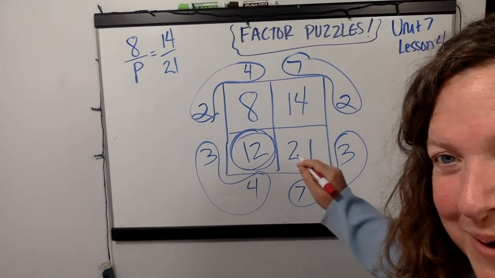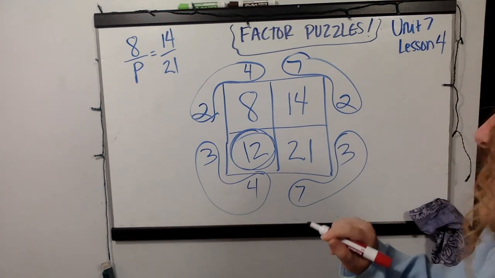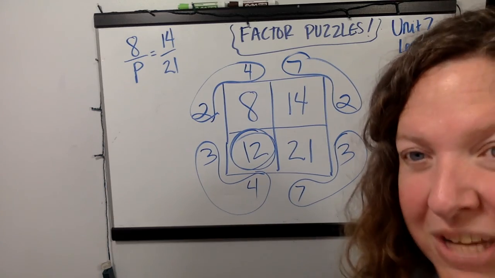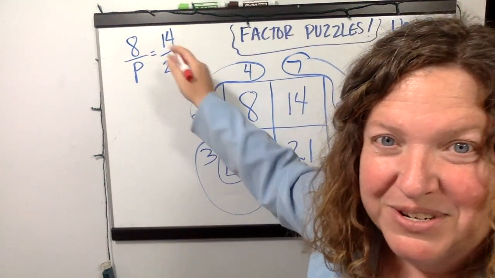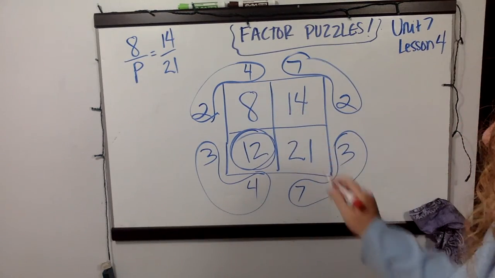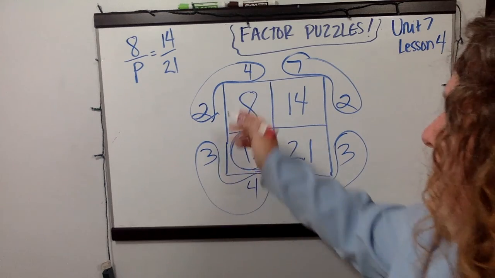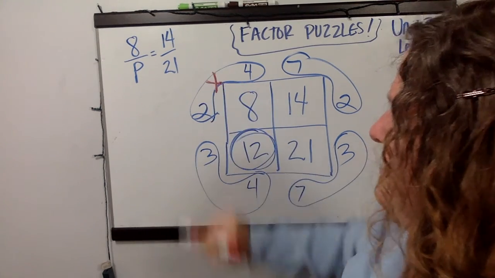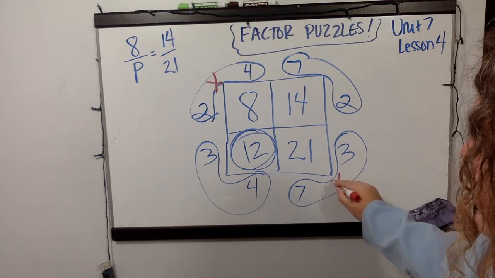Before we erase, there's something else they want us to look at. They want us to notice something we call using cross multiplication to solve a proportion situation like this. When we look at these numbers, notice there's a pattern here somewhere. Here we have 2 times 4 is 8. Down here we have 7 times 3.